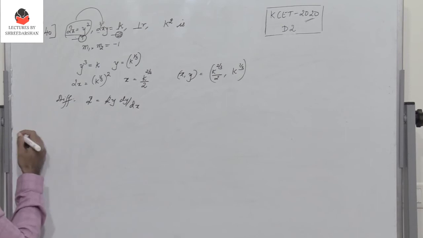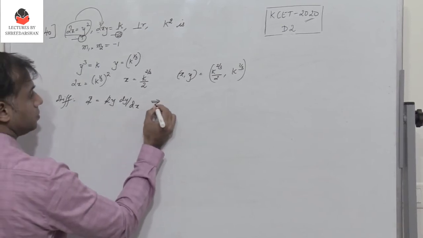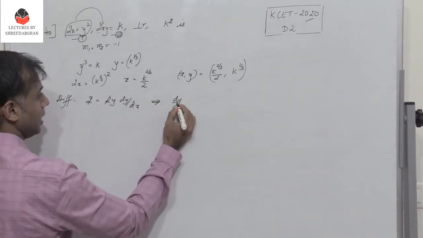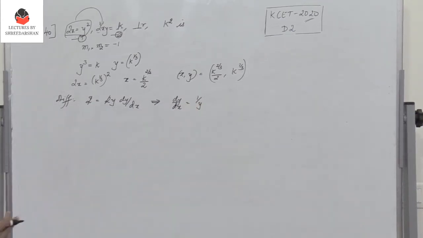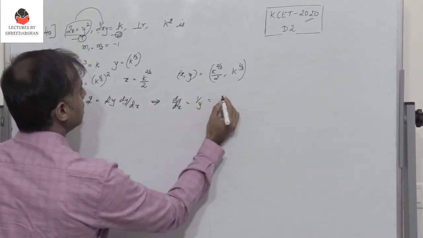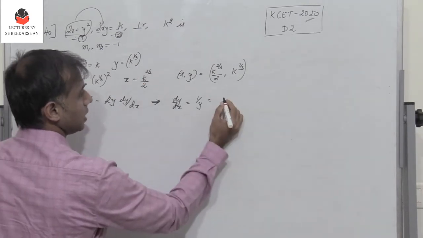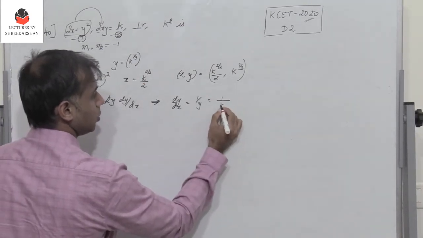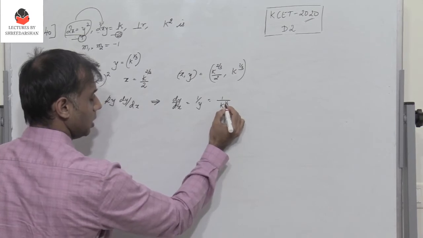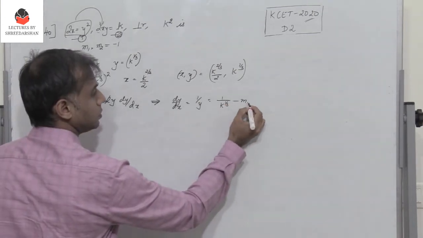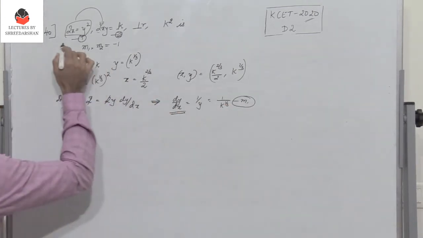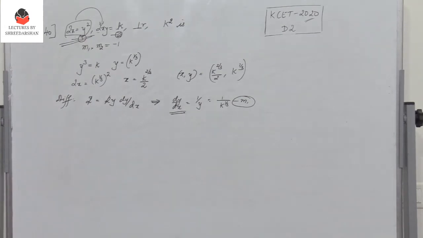So 2 gets cancelled, so I have dy by dx equals 1 by y. And what is y? y is k power 1 by 3. So I have 1 divided by k power 1 by 3. Right? So let me call this m1. This is the slope which corresponds to the first curve.